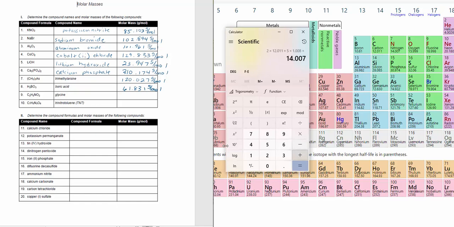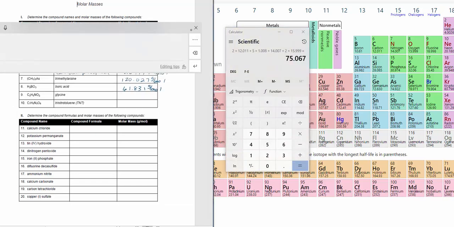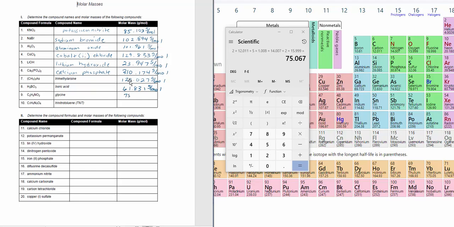I only have 1 of them. But I do have 2 oxygen atoms, so I multiply 15.999 by 2, add all that together, and I get a molar mass of 75.067. Again, that is grams per mole.